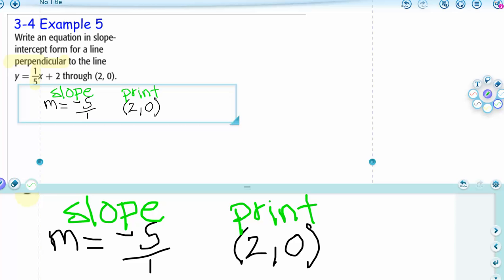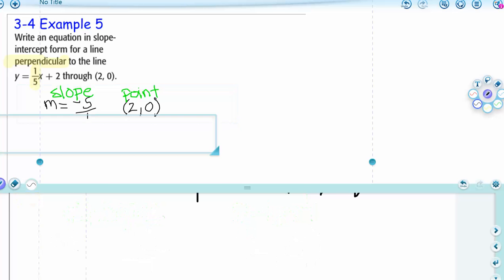Now, I know two different forms for the equation of a line. They are slope-intercept form, which is y equals mx plus b, and the point-slope form. Since I have a point and I know the slope, I'm going to use point-slope form.